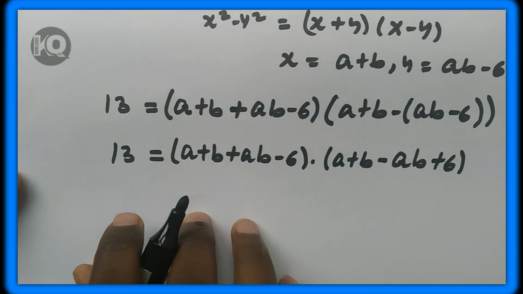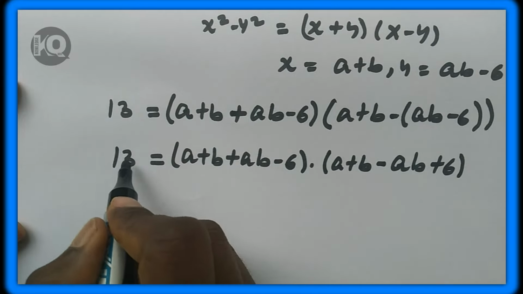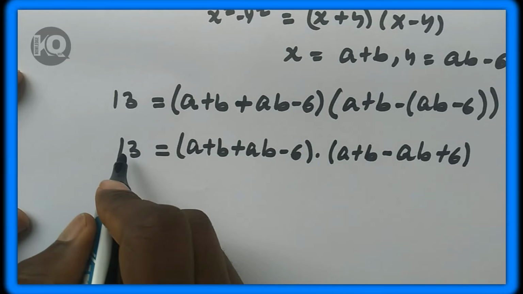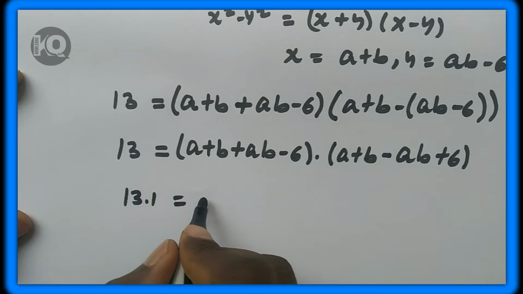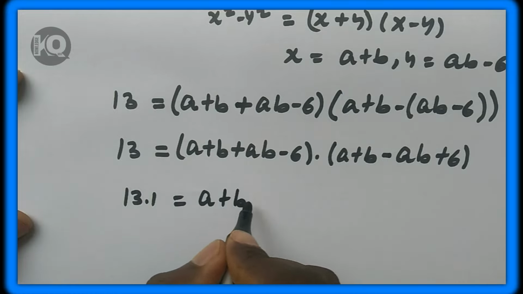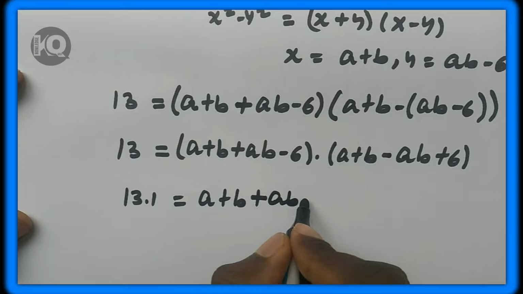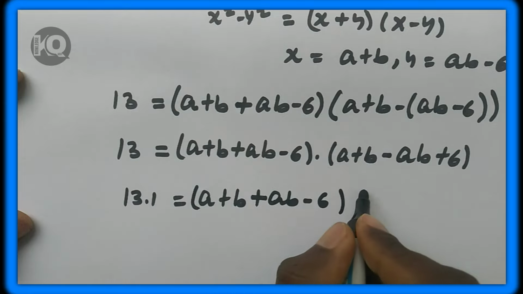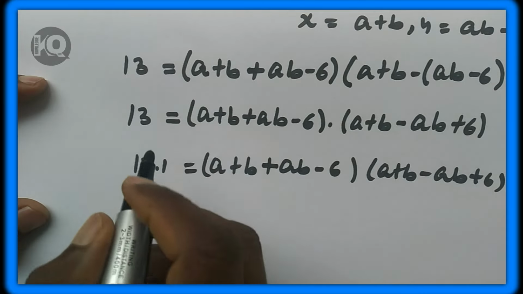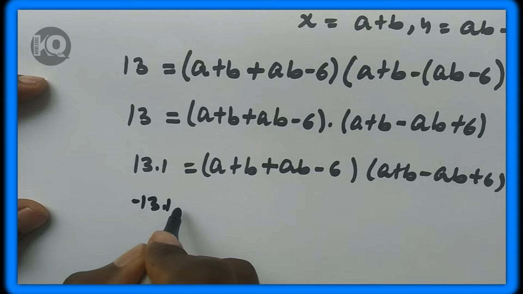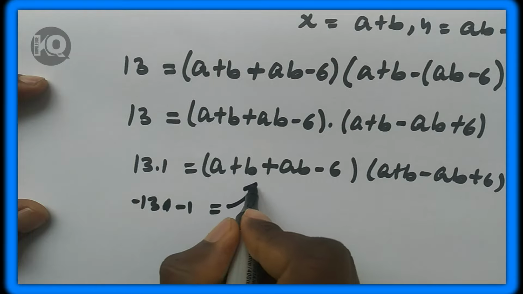So now we do have two possibilities. By factorizing the product, 13 is a prime factor, so it can be 13 times 1, which is equal to (a plus b plus ab minus 6) times (a plus b minus ab plus 6). 13 can also be factorized as minus 13 times minus 1, which is equal to this term.